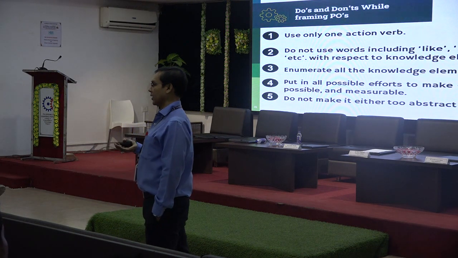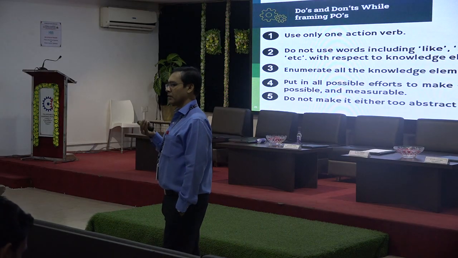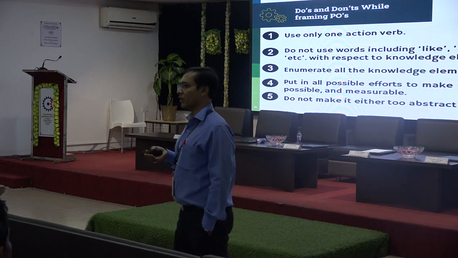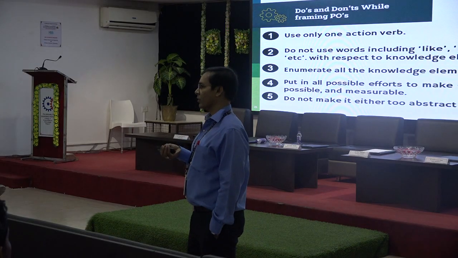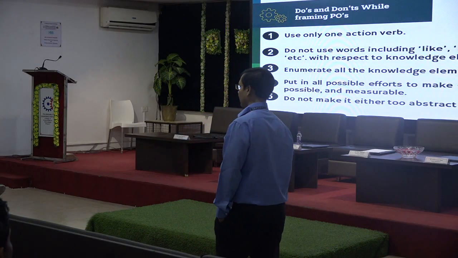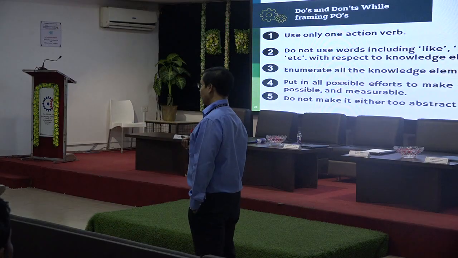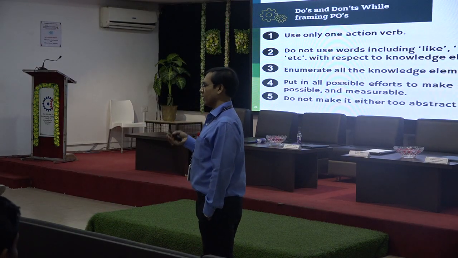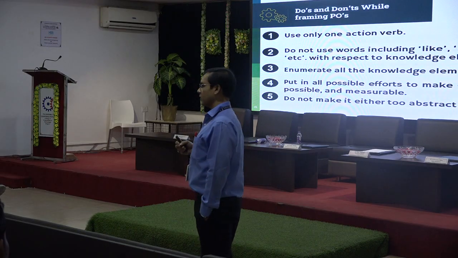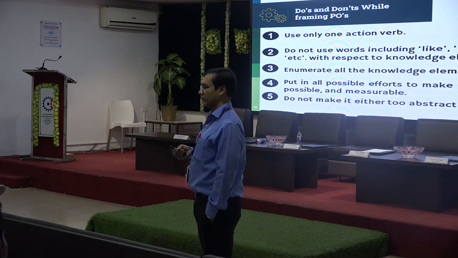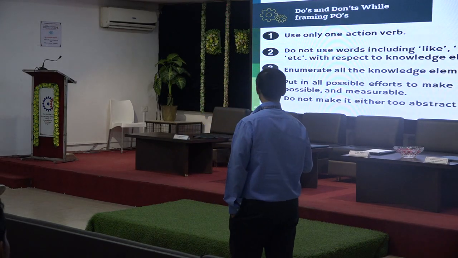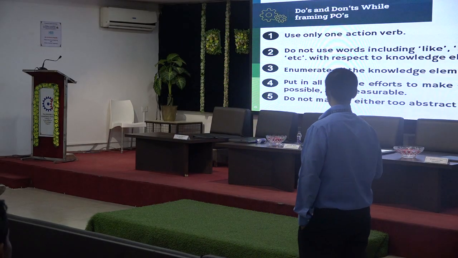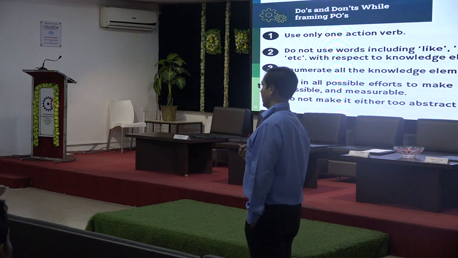Which method? There are various methods, Newton-Raphson, Runge-Kutta, modified Euler. There are various methods with the help of which the roots of a given equation can be determined. But which method is to be used? If you are not specifying it, then how will the instructor teach that particular method? Okay? So do not use words including like, such as, different, various, etc. with respect to knowledge elements.